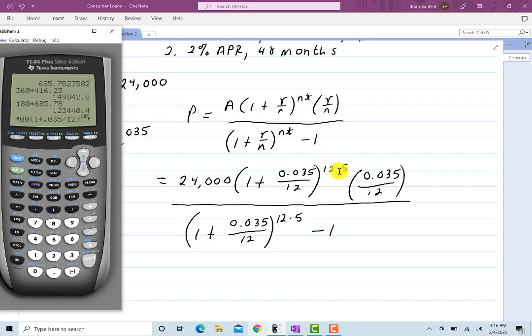This exponent of 12 times 5 is equal to 60, so let me make that a 60. And I think there's an extra letter there, so let me delete that and then come down from the exponent. Now I have to change my 0.029 to a 35.